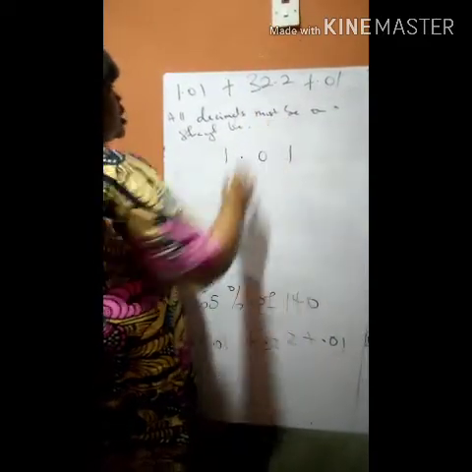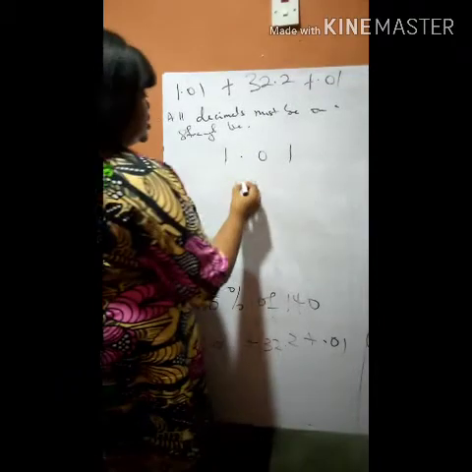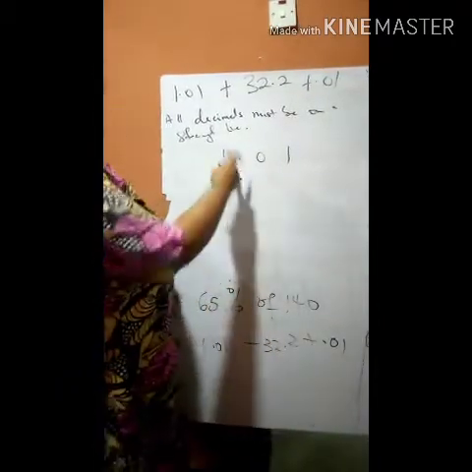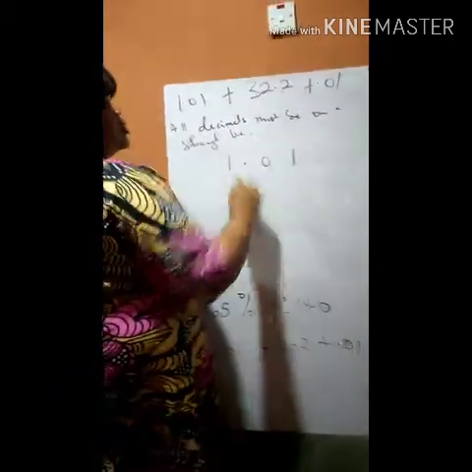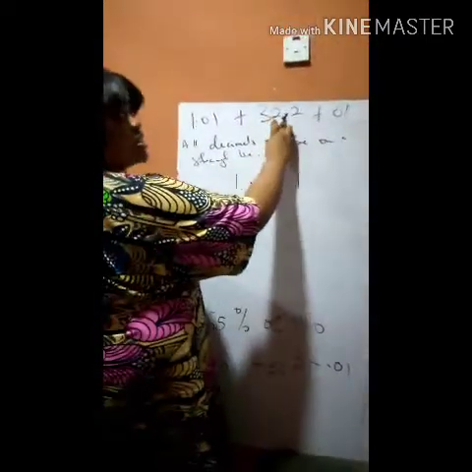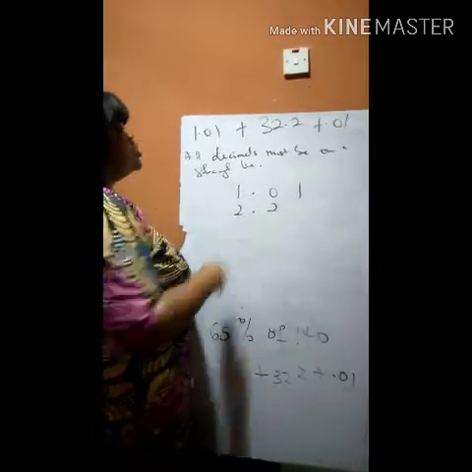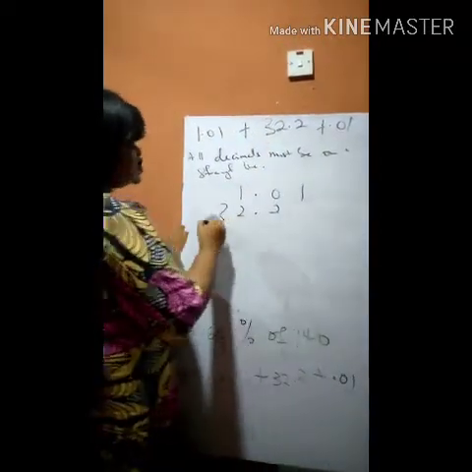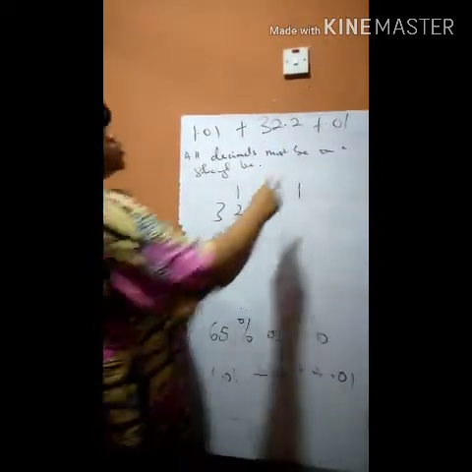1.01 plus 32.2. The first thing I put down is my decimal. It's on a straight line. Now look at this question. After this decimal, you have a 2. That's my 2. In front of this decimal, you have a 2. That's my 2. In front of this 2, you have a 3. That's my 3. Then you look at the next one, 0.01.